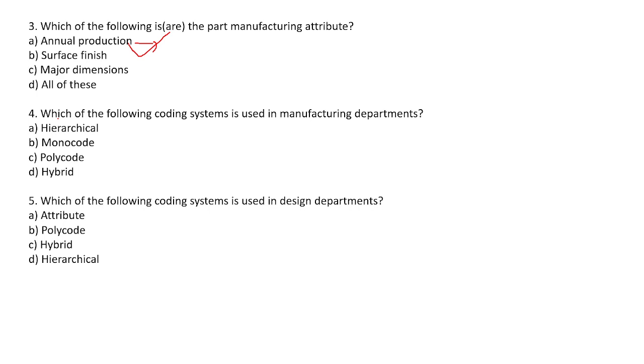Based on that, hierarchical or monocode is a code in which each digit amplifies the information given in the previous digit. For example, if we write the code 1, 3, 4, 6, 5, 8, each digit amplifies the information given in the previous digit.